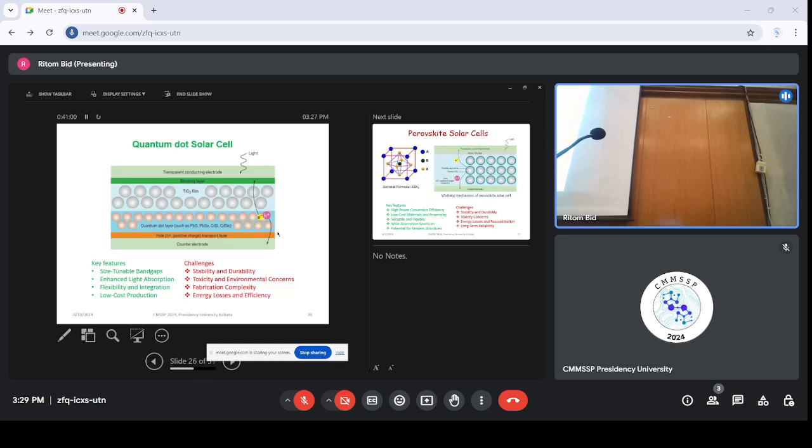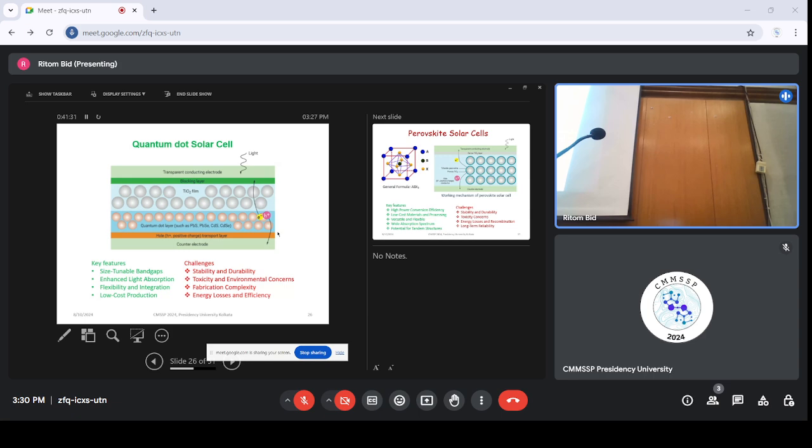Quantum dot solar cell. The quantum dot is the nanostructure we mentioned. In the quantum dot layer, the electron hole pairs are generated and they are being transported to the outer circuit. These have size tunable band gaps: depending on the size of the quantum dots, the band gap can be tuned, and accordingly the efficiency can be tuned.